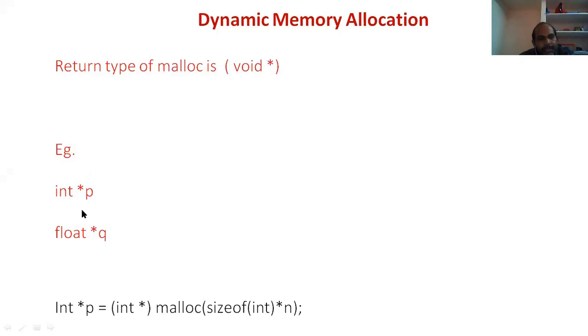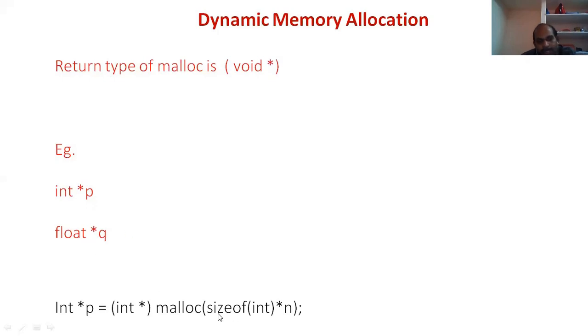Suppose I use a void pointer, this pointer can be used to store any value because it is void. So any value can be stored for these pointers. If you declare a void pointer here, the address of p and the address of q can be stored in it. So void can store both integer as well as float.